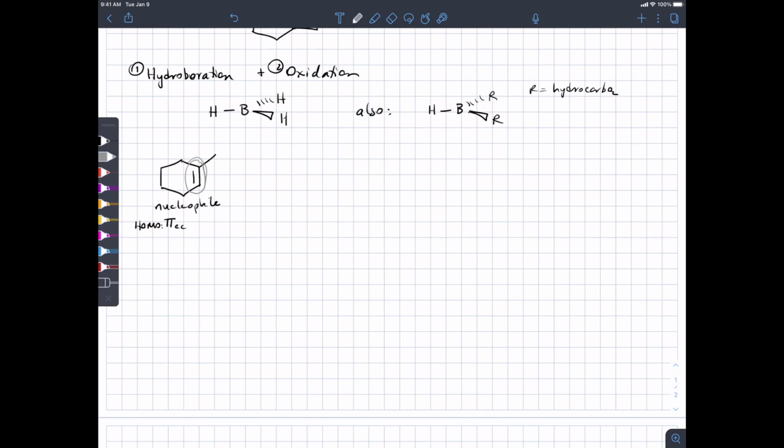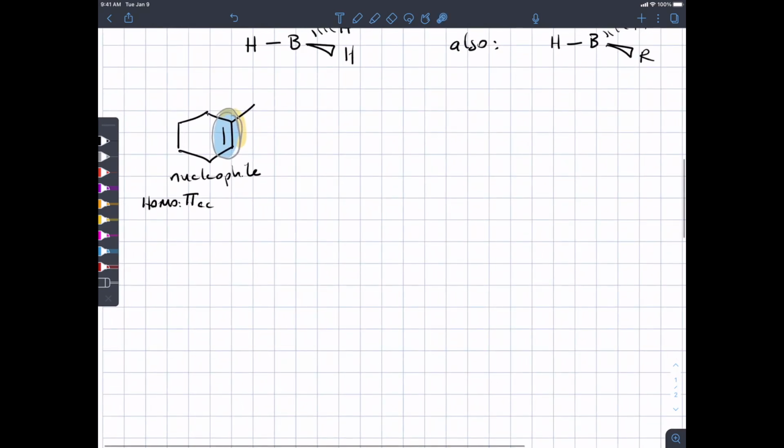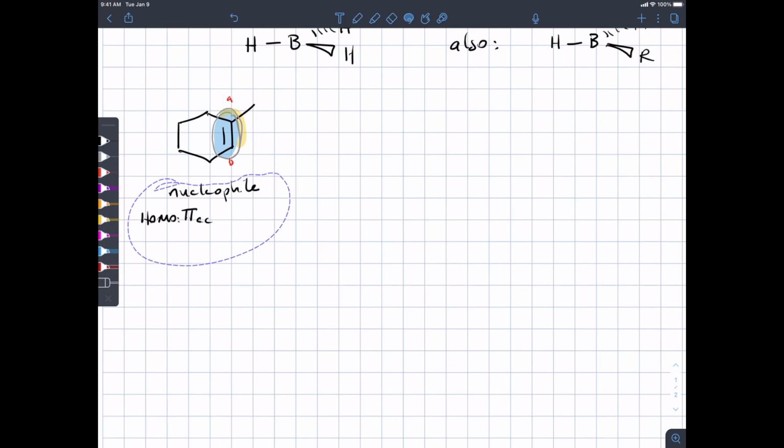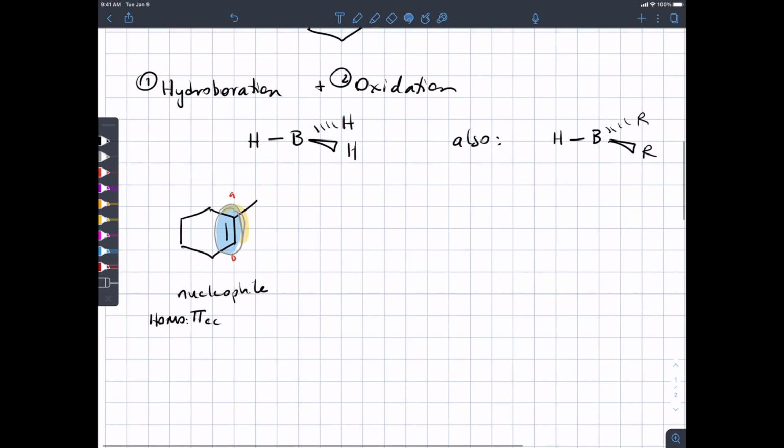Again, we've been drawing this as sort of what we expect a pi bond to look like, shared between carbons A and B. And even if we don't know a lot about this reagent, I will tell you that boron, or the BH3, is our electrophile. And as you learned on exam 2, the LUMO of that electrophile is the empty p orbital on boron.